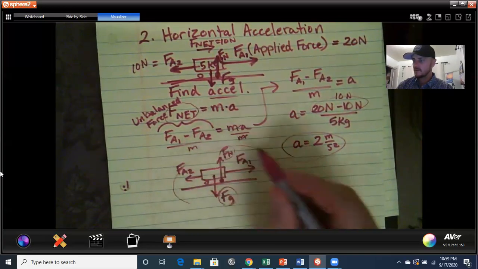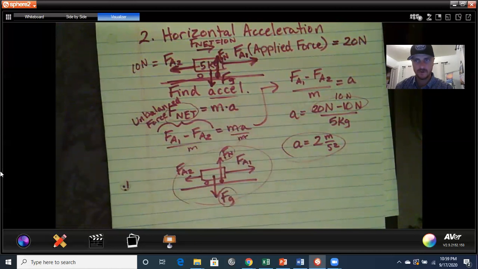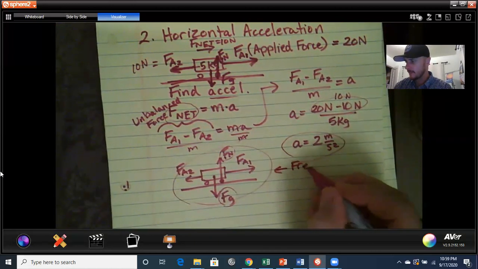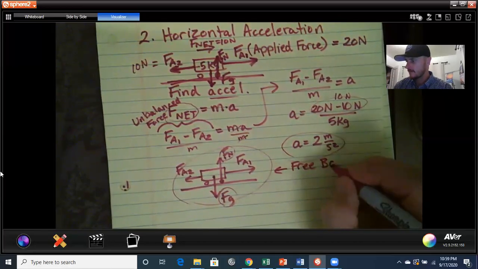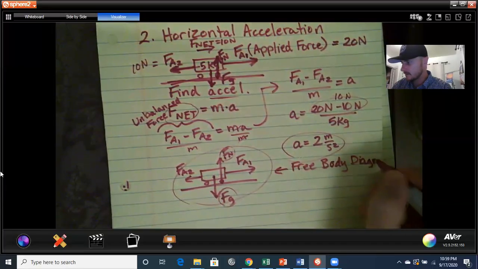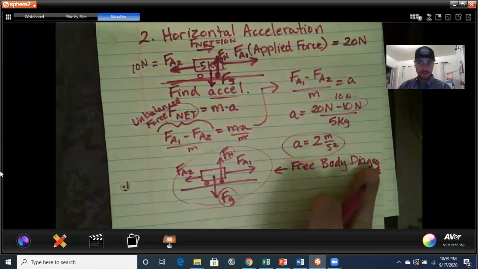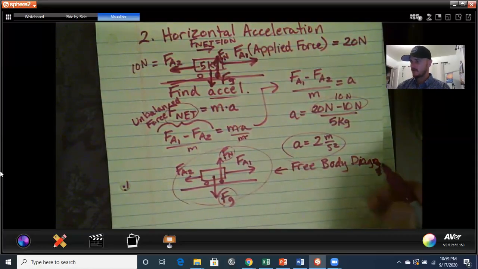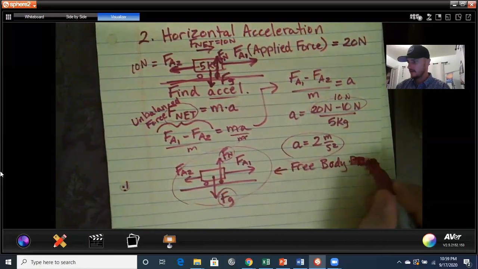Now, what do I call this when I draw all of the forces on a picture? This is called a free body diagram. And I'm going to be referring to free body diagrams. Free body diagram, that says diagram. I'll be referring to that term all the time.